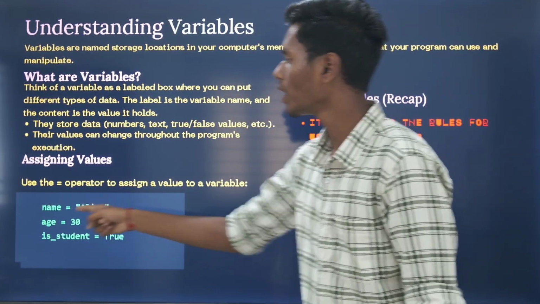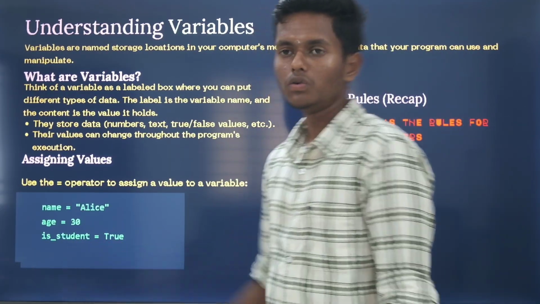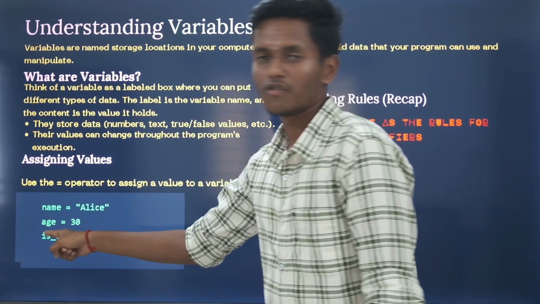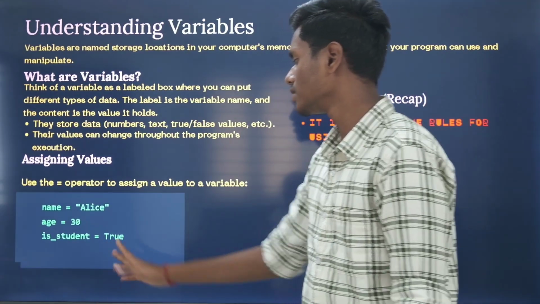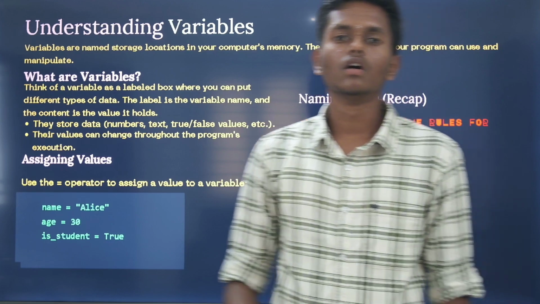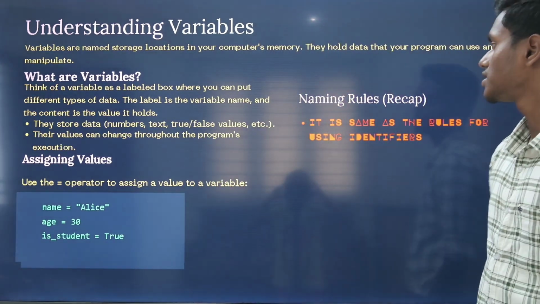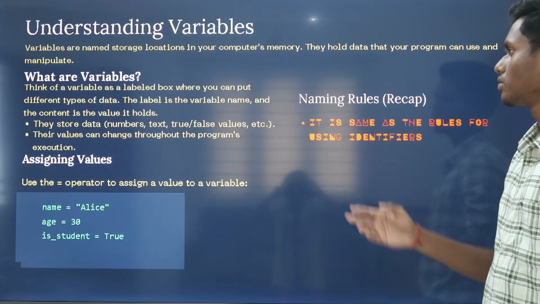This is the value it stores to name. Then 30 is the value assigned to the age variable. Then True is the value and it gets stored in the isStudent variable.